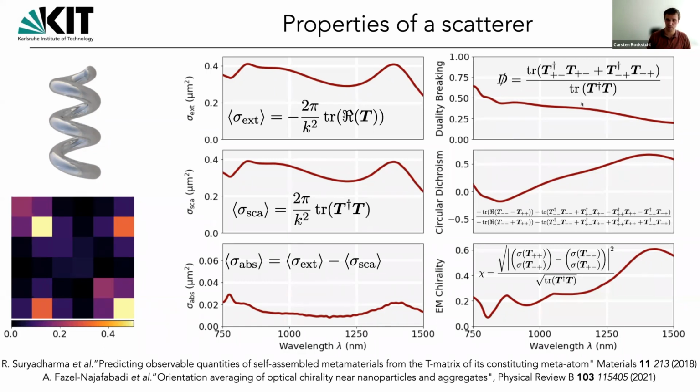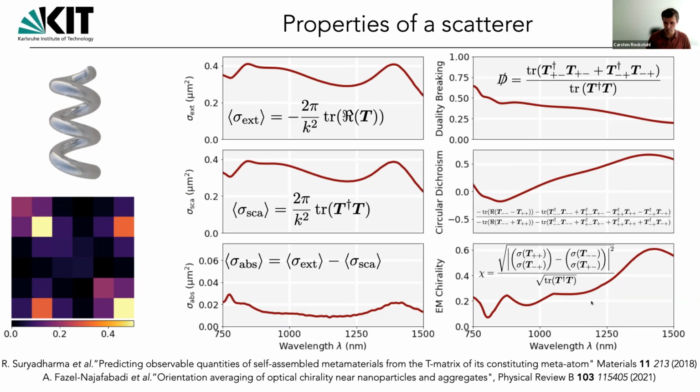So this is a measure of how non-dual the object is. You can also look into the circular dichroism of a scatterer, which measures the difference in absorption with left and right-handed circular polarization. All these quantities can be directly calculated from the T matrix if you know it, and you can plot them as a spectrally resolved quantity according to your interest.